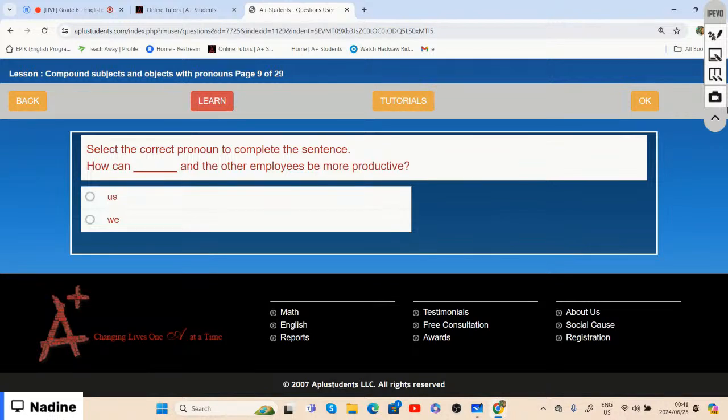All right, let's do the last one. The last one says, how can us and the other employees be more productive, or how can we and the other employees be more productive? We need to choose either the subject or the object pronoun, us or we.